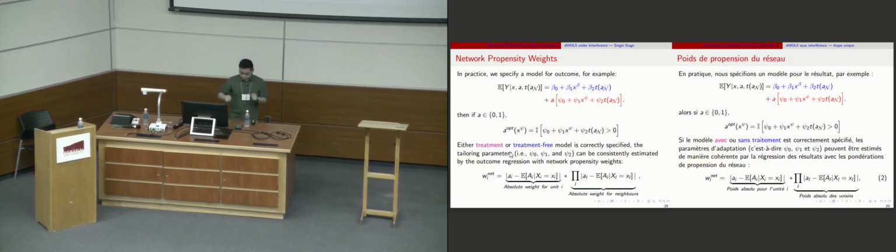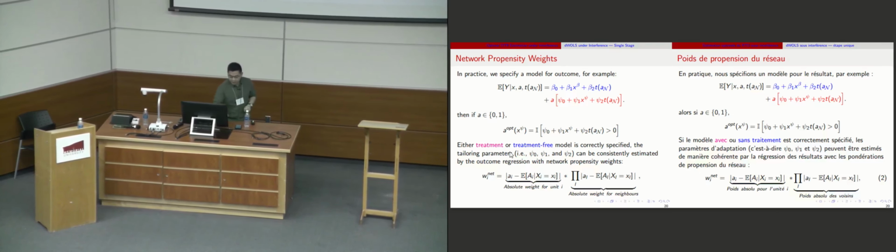So the double robustness of the DR, based on the previous theorem we just saw, tells us that if either the treatment-free model or the treatment model is correctly specified, the target parameter psi can be consistently estimated by the outcome regression with the network propensity weights or the standard DR weights.